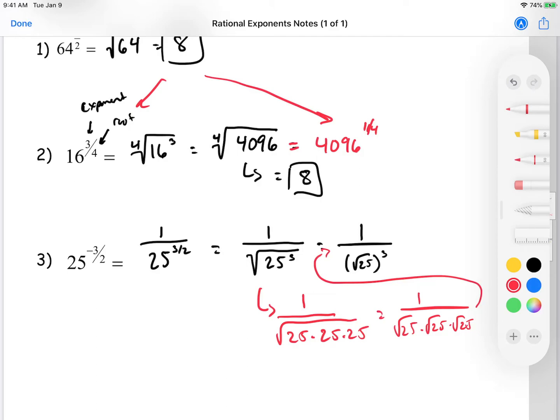And we all know what the square root of 25 is. It's what? 5. Okay? So this is the same thing as 1 over 5 to the 3rd power. And 5 to the 3rd is 125, so that tells us that 25 to the negative 3/2 is equal to 1 over 125.